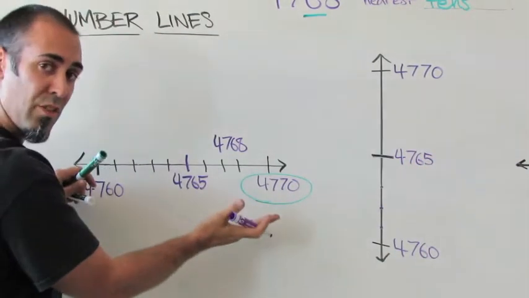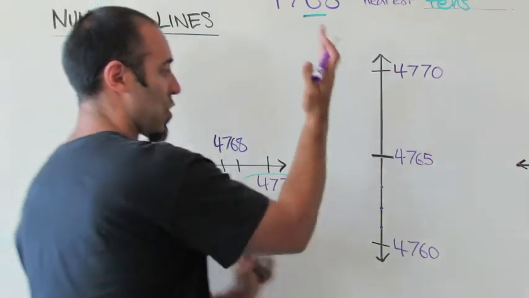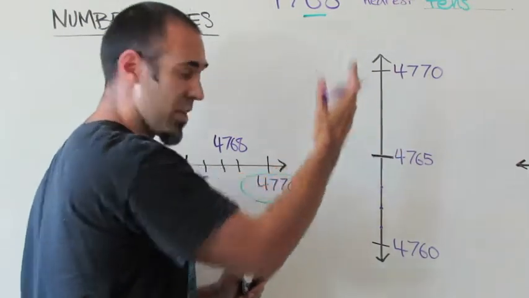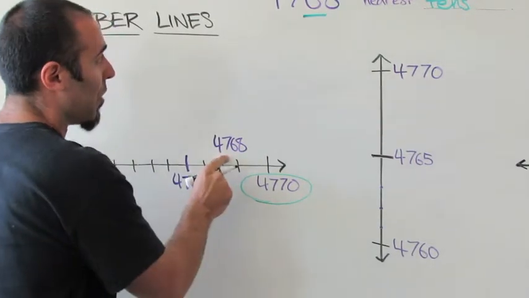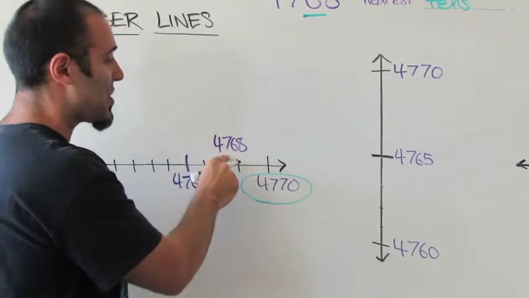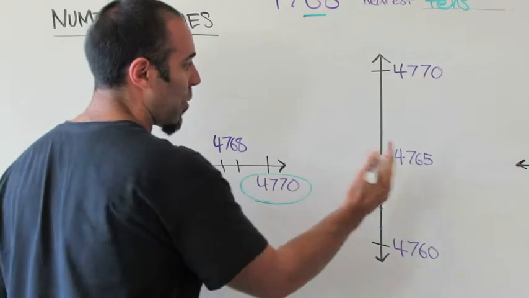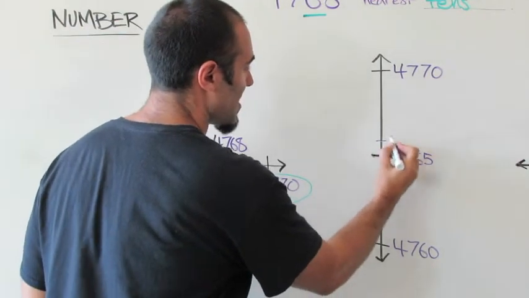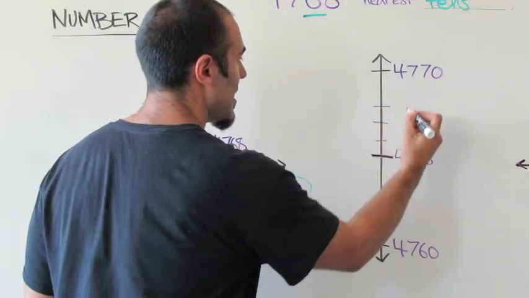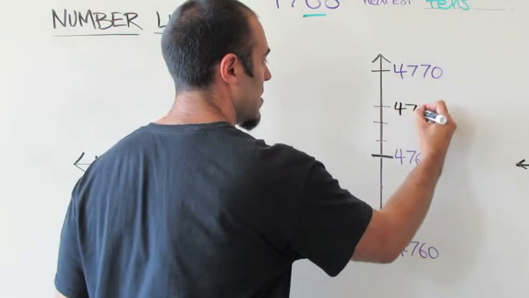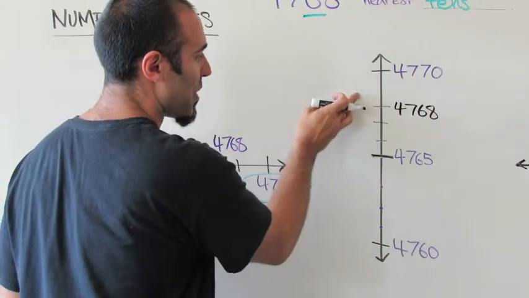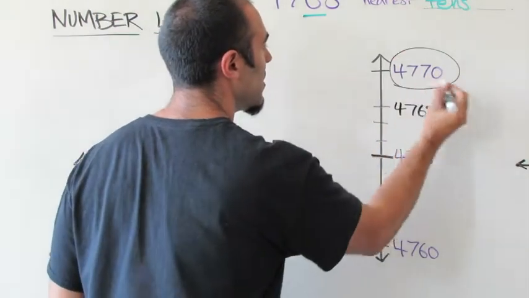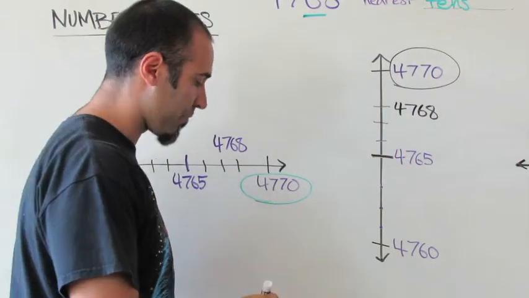All I'm doing is taking the horizontal number line and turning it to show up and down. Our number, 4,768, is still going to be higher than the midpoint. 65, 66, 67, 68. Here's our number. This is higher than the midpoint, so we round up to 4,770.